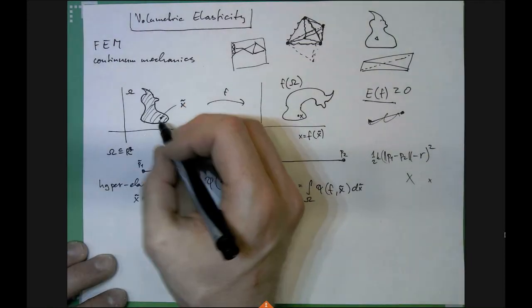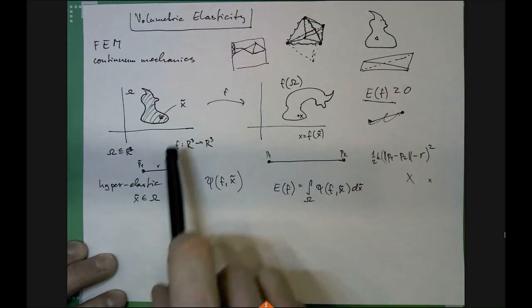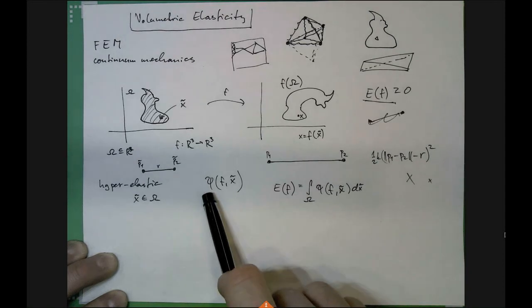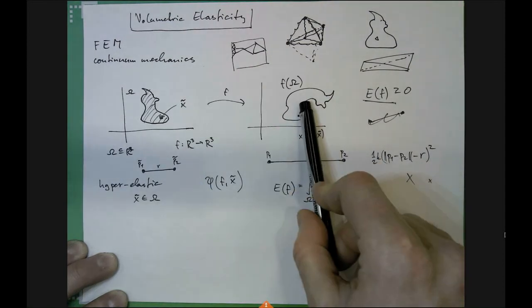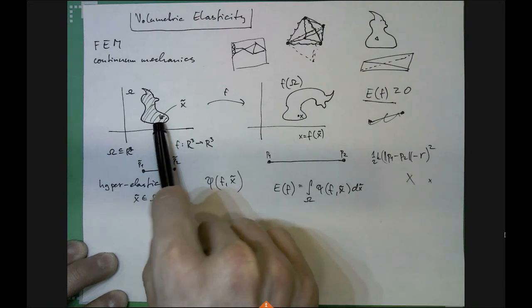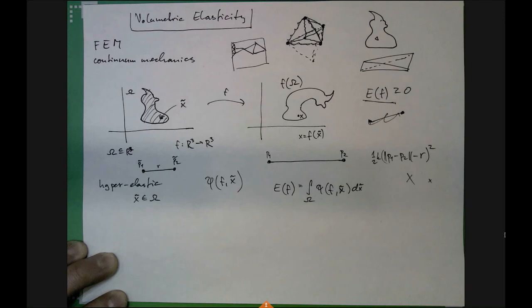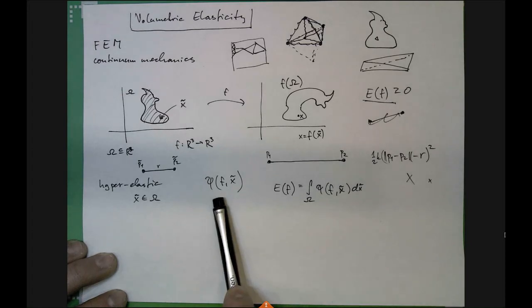You can look at it as taking small pieces of the material, probing the psi for a given deformation f, and summing essentially all these small elements together. And this energy density function is deformation energy per unit rest pose volume.